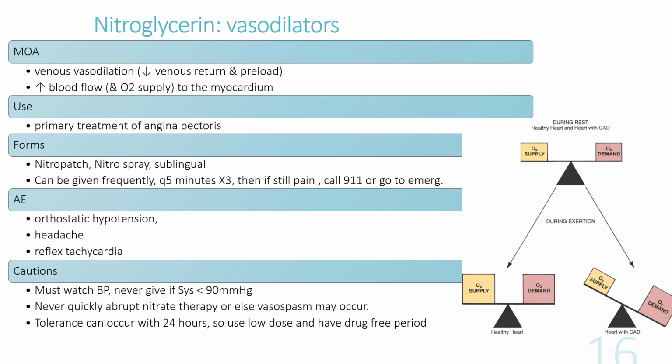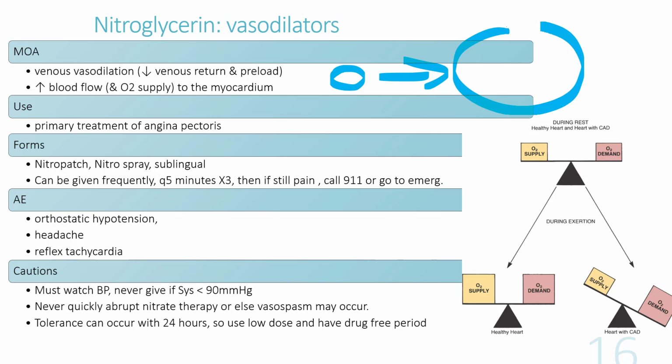So nitrates, nitroglycerins, are vasodilators, right? They make the blood vessels bigger. If you have bigger blood vessels, you have an increase in blood flow and a decrease in blood pressure, right?